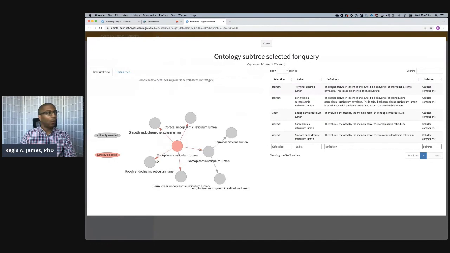And what can also be seen is this is the specific term that was selected, but then there are general terms that are also selected as well because of computational reasoning. The computer knows that not only should diseases or genes associated with this term appear in the results, but also genes associated with any of the more specific versions of the term as well. For example, cortical endoplasmic reticulum lumen is a more specific version of endoplasmic reticulum lumen.